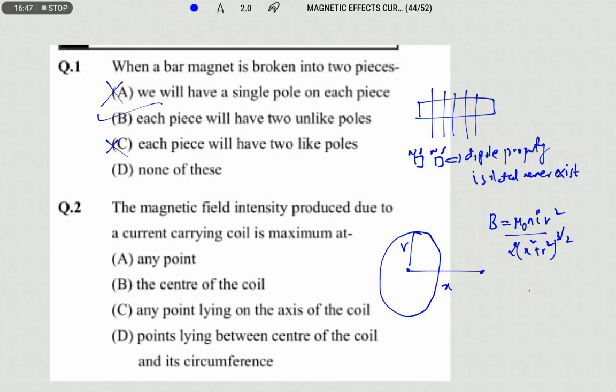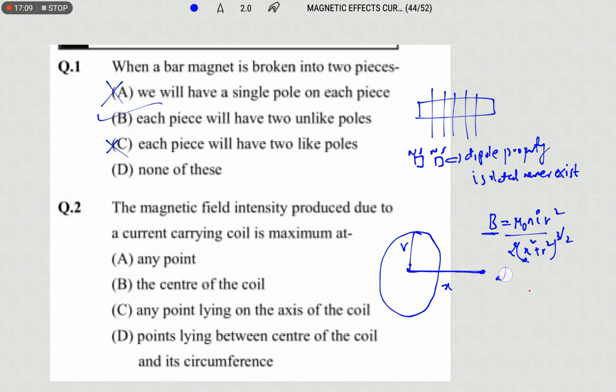That means as the distance from the coil increases, the B value decreases because the x value is increasing. If the denominator is increasing, automatically the value will decrease because these two are in inverse proportion. But they are asking, it will not be possible. So B is not maximum as we are moving away from it.